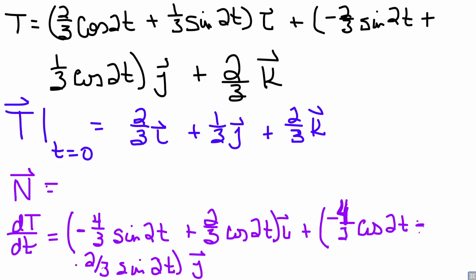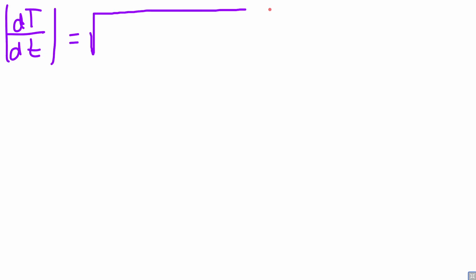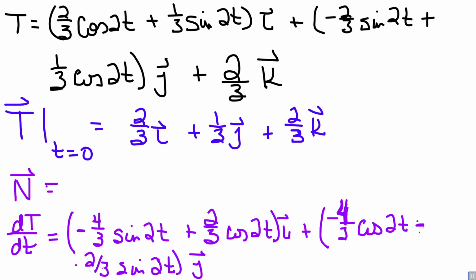Okay, so the next piece is that we need the magnitude. If we find the magnitude, what we're going to do is take the negative 4/3 sine 2t plus 2/3 cosine 2t.